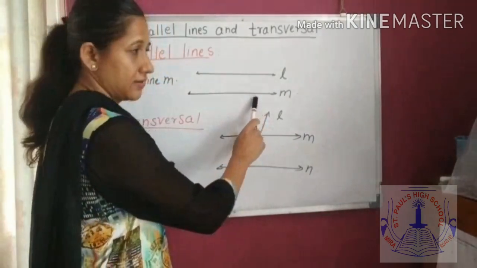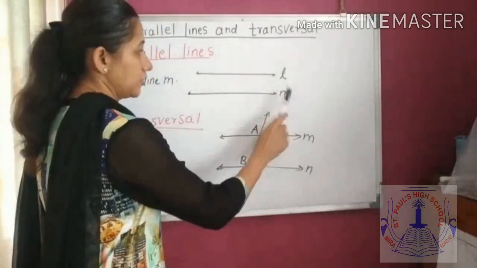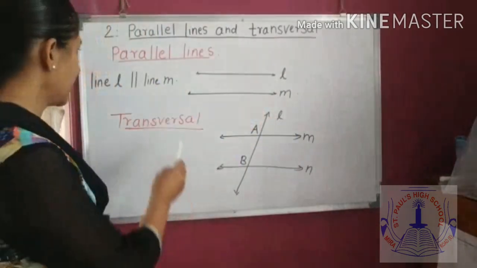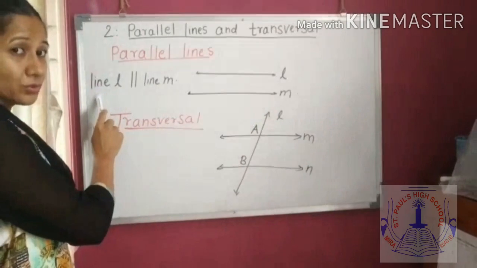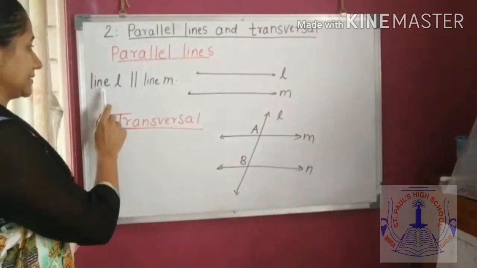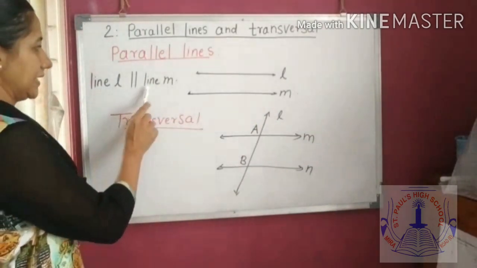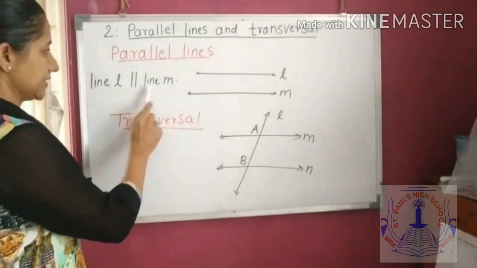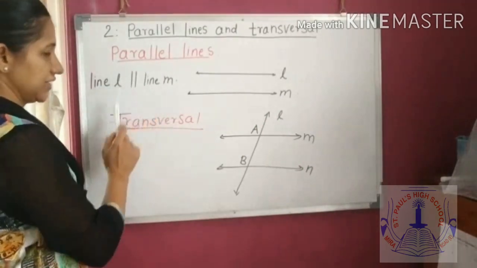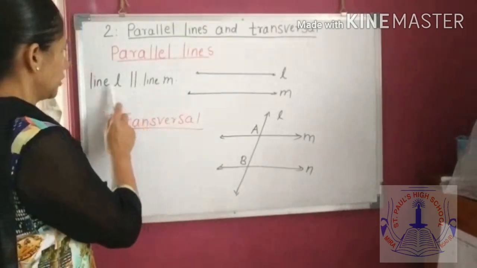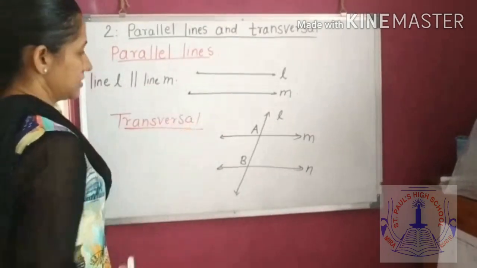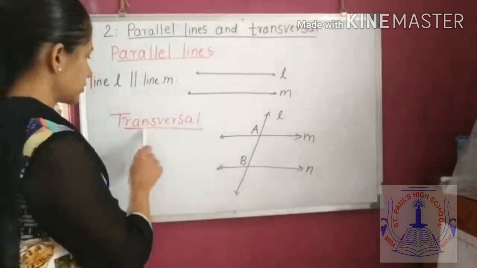So here line L is parallel to line N, as I have written over here. This is how to write that the lines are parallel, line L is parallel to line N. This is a symbol which indicates parallel. Clear?